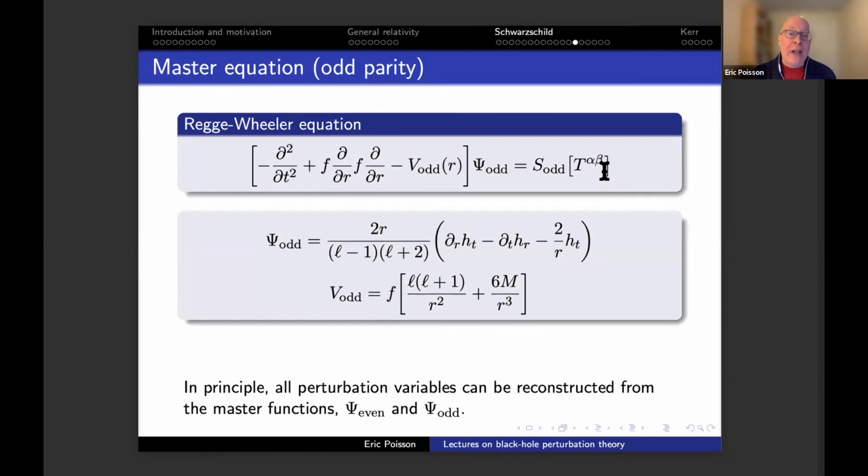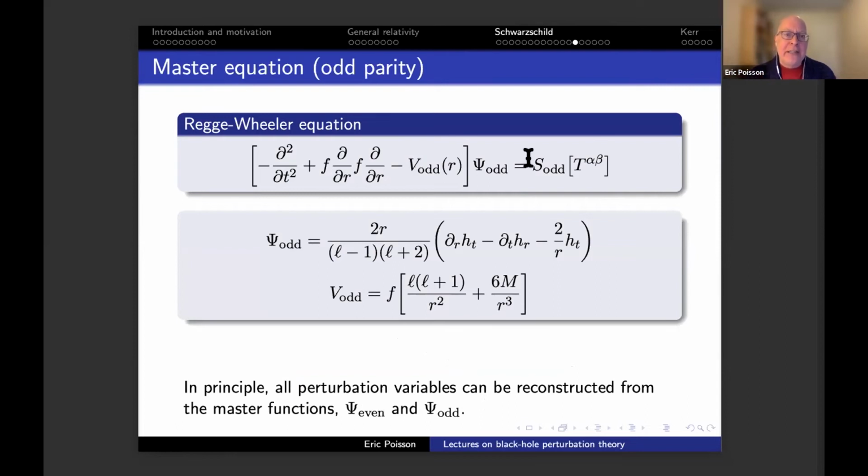So if you do it in vacuum with no source, the transformation basically tells you that only one wave equation, as you said, needs to be considered. The solution to the other one can be recovered by that transformation.